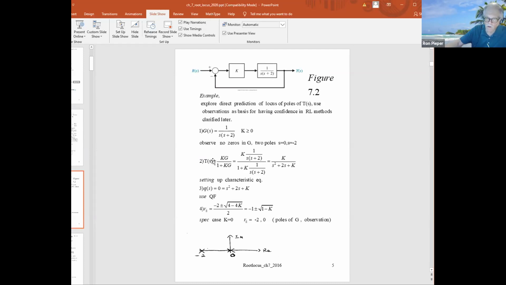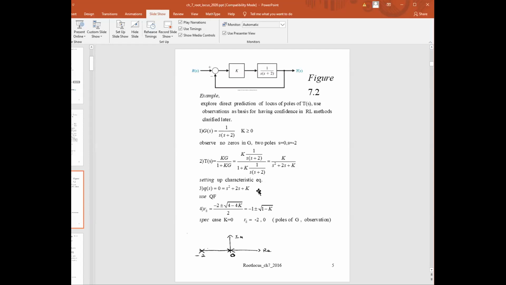And here's essentially our transfer function, which we can explicitly get, by substituting in the G, in an intermediate form. With a little bit of simplification, we can write this as a polynomial, quadratic type, in the denominator. And so we would argue that our characteristic equation, after setting the characteristic polynomial to 0, would look like that.